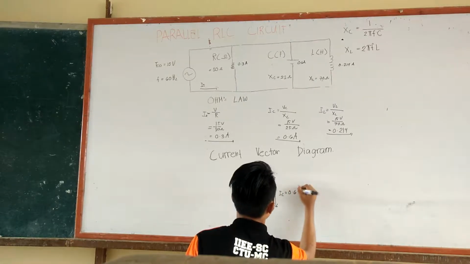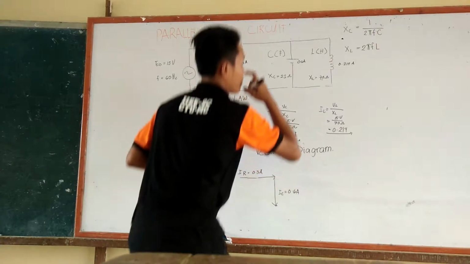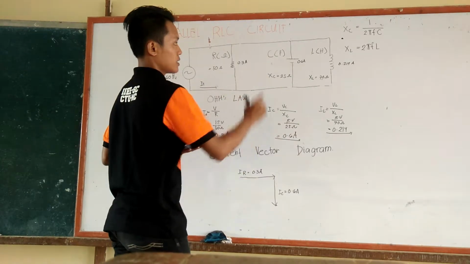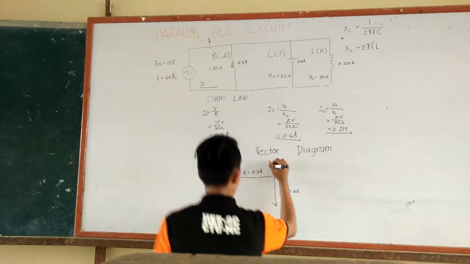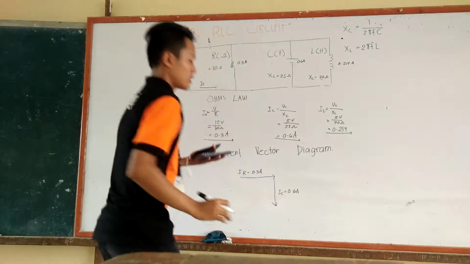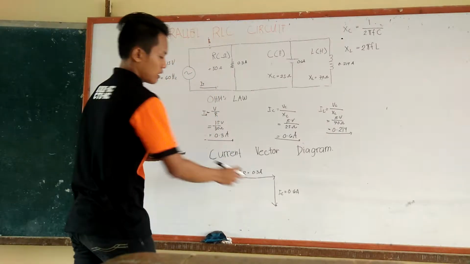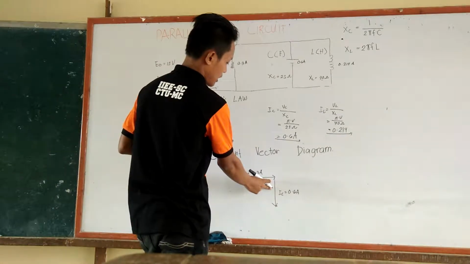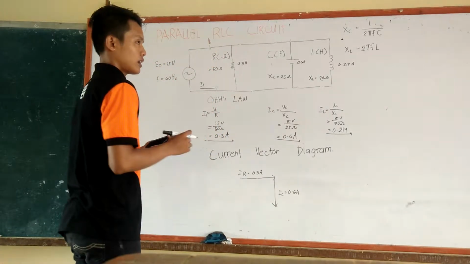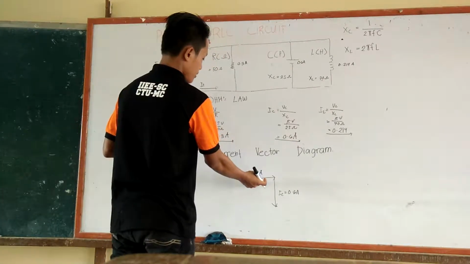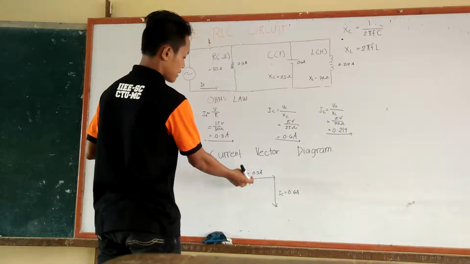And the current in our inductor is pointing up because it is 180 degrees out of phase with the capacitor, and it is 90 degrees with respect to the line source.